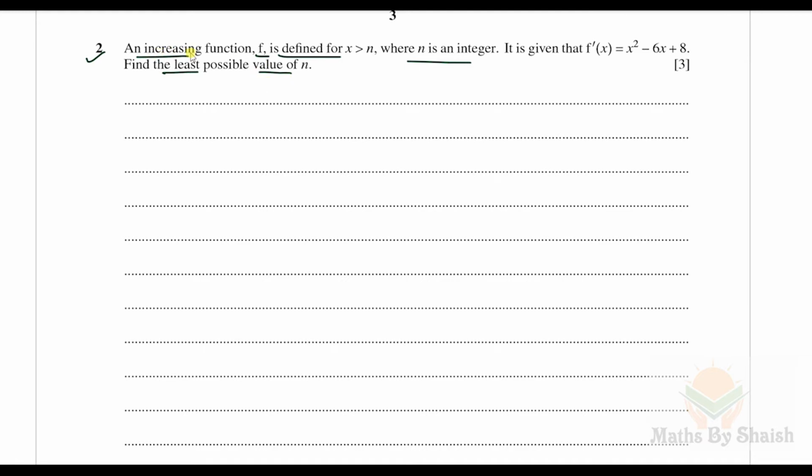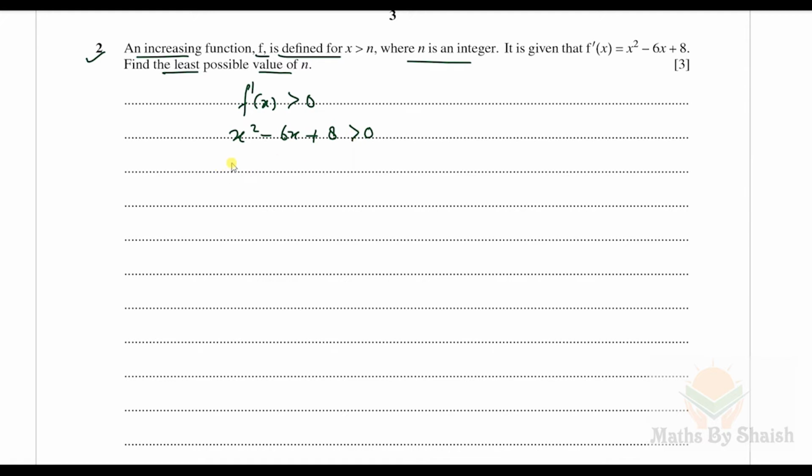So first of all, for an increasing function, f dash x is always greater than 0. So it means x square minus 6x plus 8 should be greater than 0.